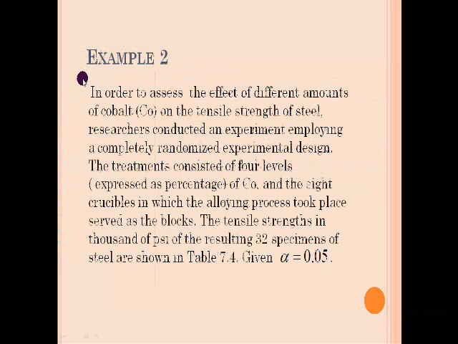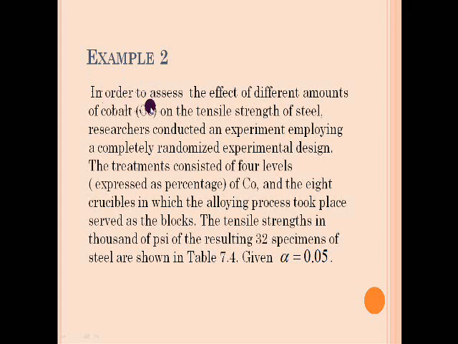Now, we move to example 2. In order to assess the effect of different amounts of cobalt on the tensile strength of steel, researchers conducted an experiment employing a completely randomized experimental design.